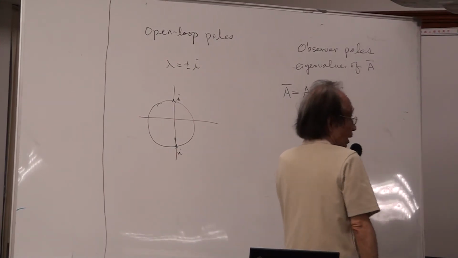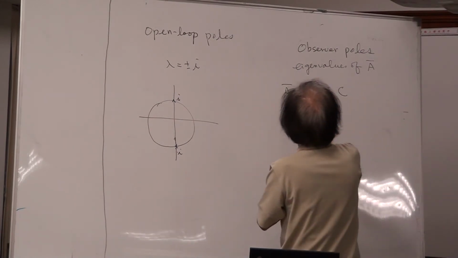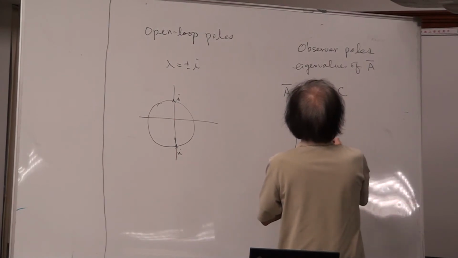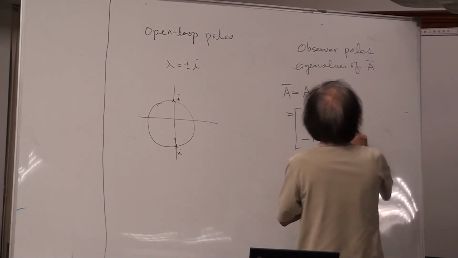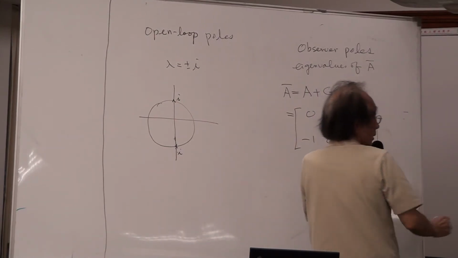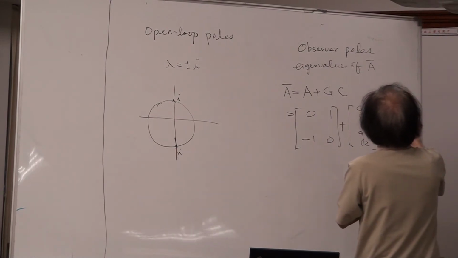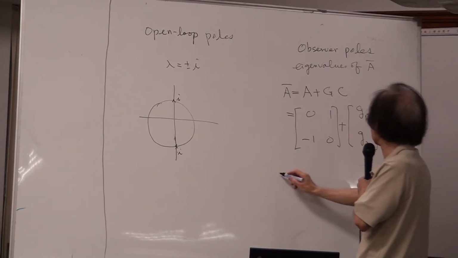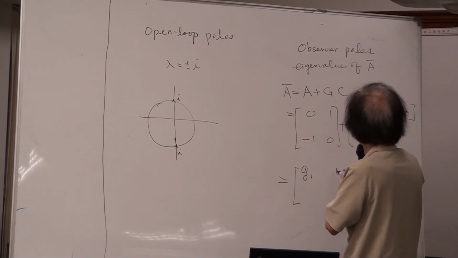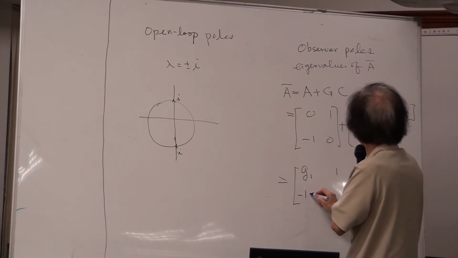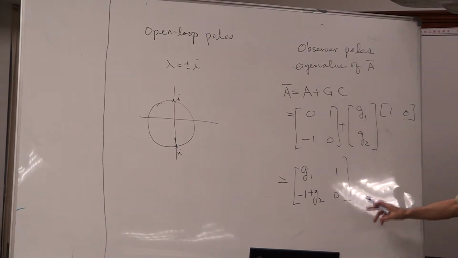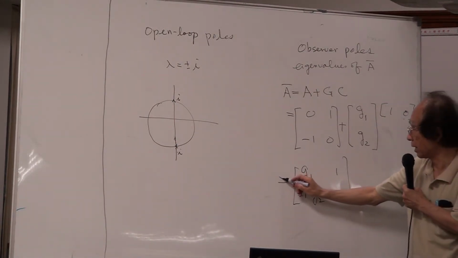For this case, A is 0, 1, minus 1, 0, plus G is g1, g2, and C is equal to 1, 0. Then our closed loop will become g1, 1, and minus 1 plus g2, 0, and that's my observer matrix.